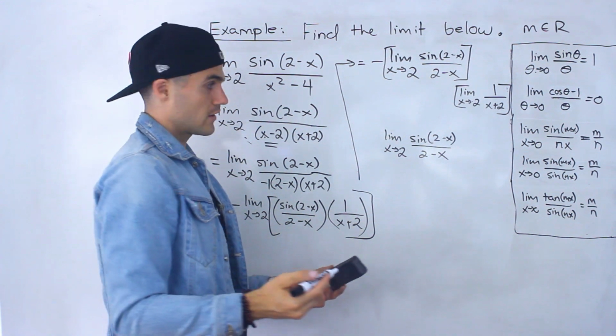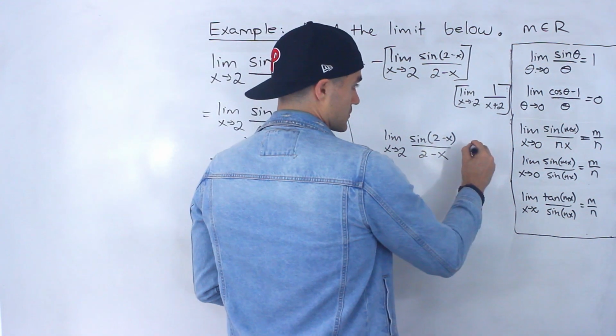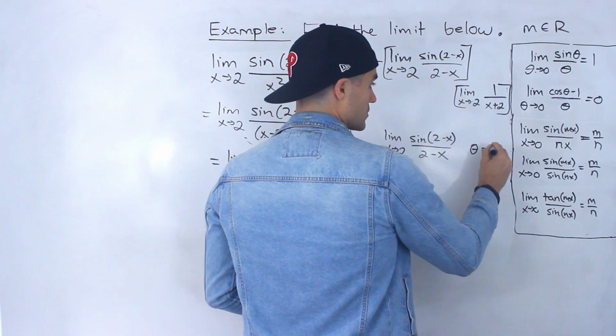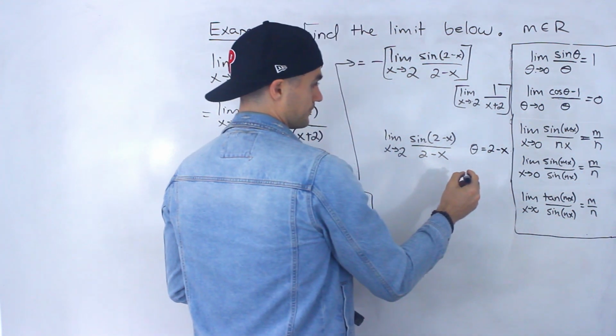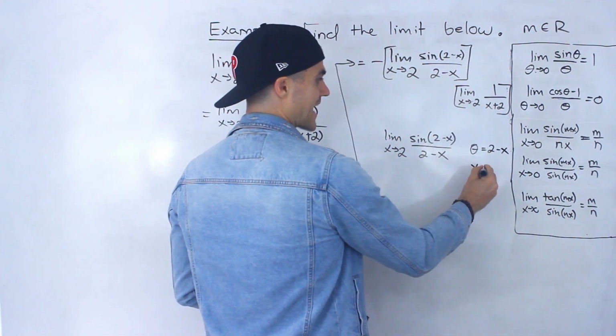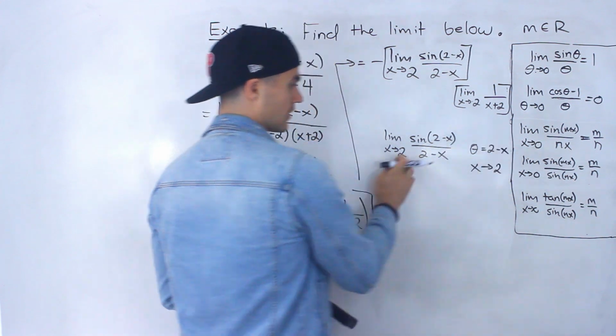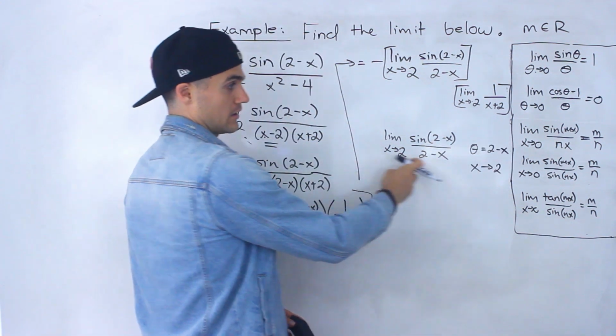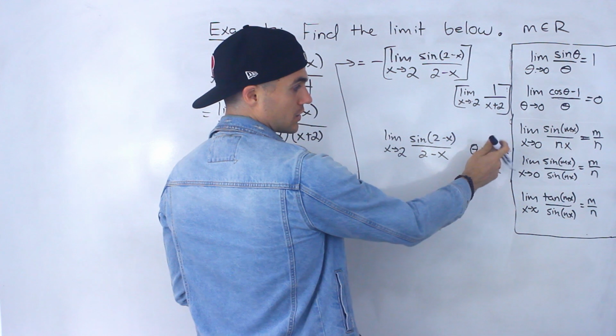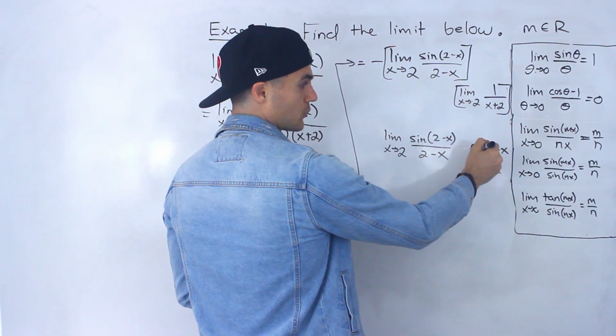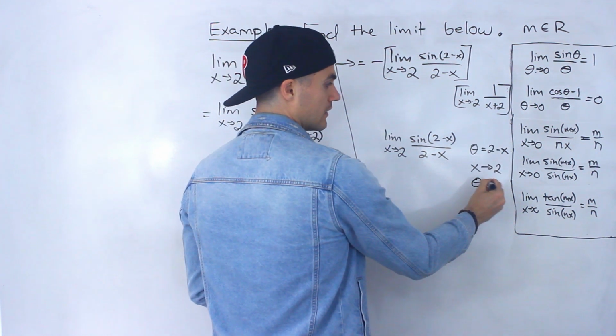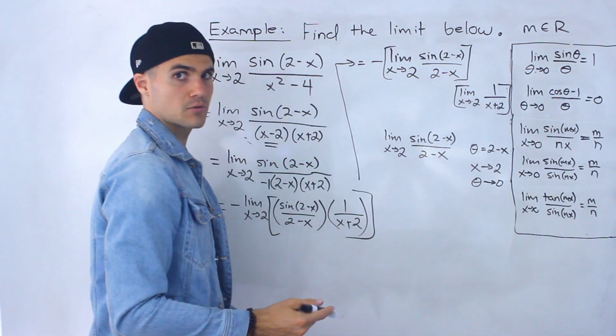Notice we can do a change of variable, because we can say theta equals 2 minus x. As x approaches 2, which is what the limit is based on, theta is going to be approaching 0.